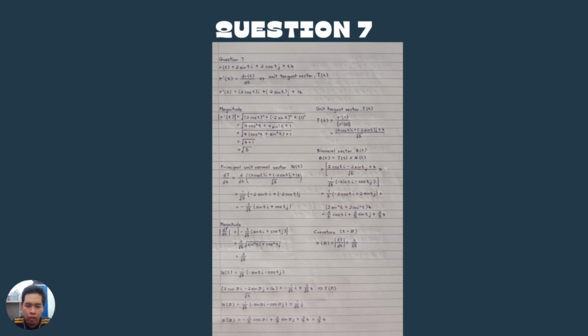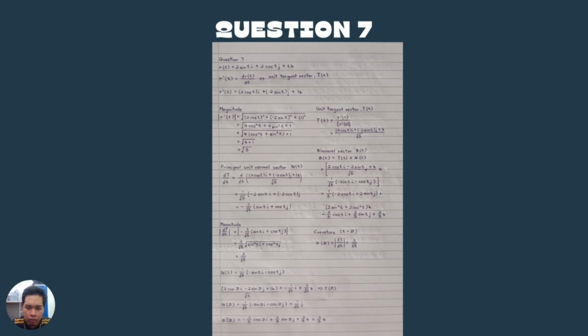After we get the answer for both vectors, we can find the binormal vector by taking the cross product of the unit tangent vector and the principal unit normal vector.